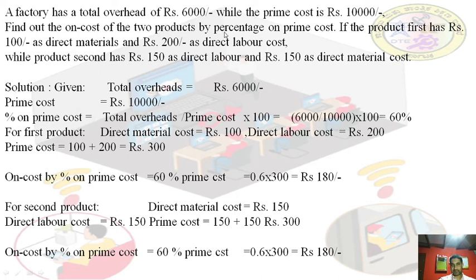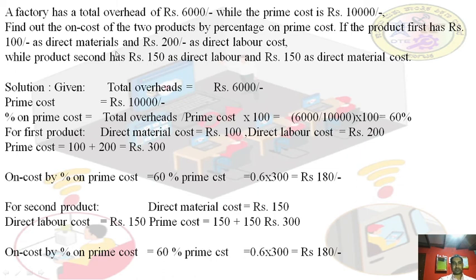Now find out the on cost of two products by percentage of prime cost method, given by total overhead divided by prime cost. Total overhead is rupees 6,000 and the prime cost is 10,000. We get 60% after multiplying by 100.